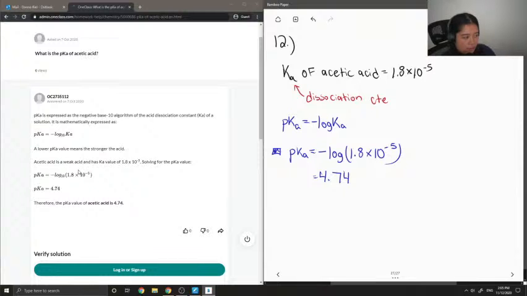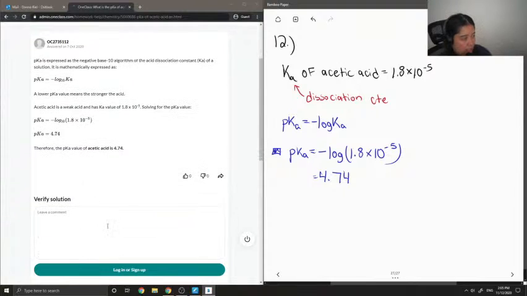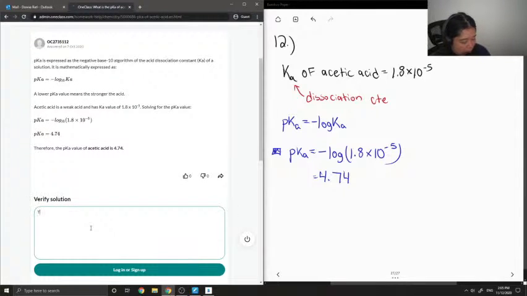Acetic acid is a weak acid and has a Ka value of 1.8 times 10 to the negative 5. Solving for the pKa value gives pKa is equal to negative log base 10 of 1.8 times 10 to the negative 5. And they also got 4.74 as the pKa value. So I can verify that this solution is correct.